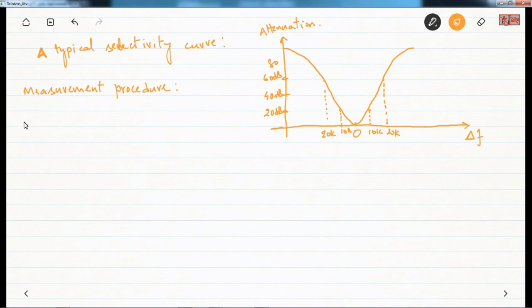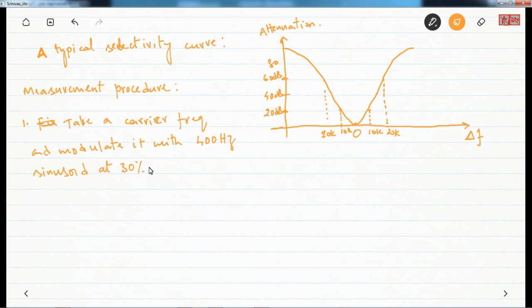Again, take a carrier frequency and modulate it with a 400 Hz sinusoid at 30% modulation.